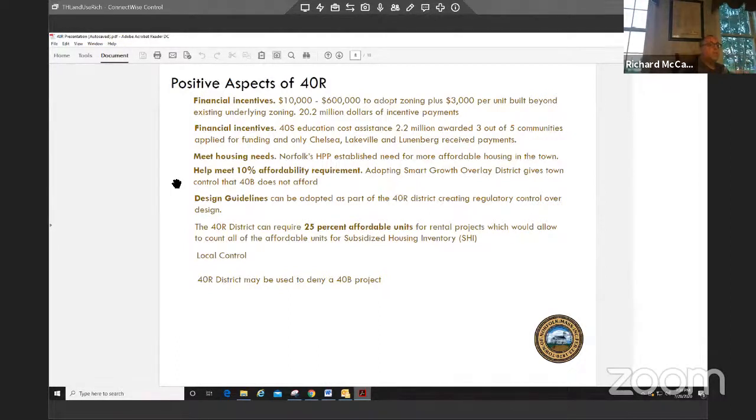If there's a negative as far as school educational costs, the town can seek additional school aid assistance.